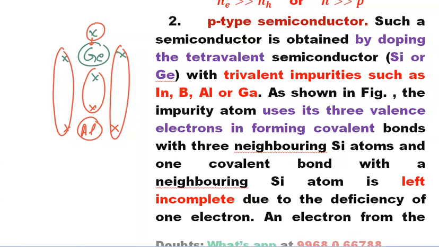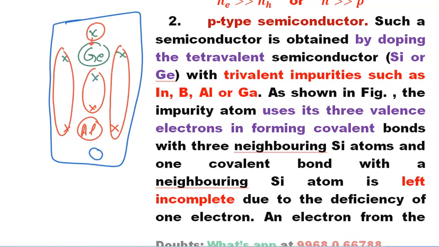Hence, in other words, a hole, a deficiency of an electron, is inside a doped atom. Dear students, here positive charge carriers or holes are comparatively more than electrons. Hence they are termed positive type extrinsic semiconductors.